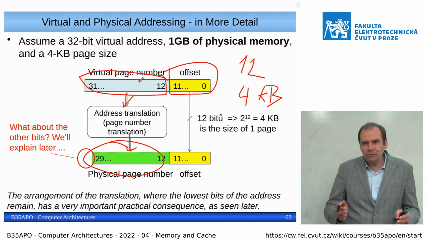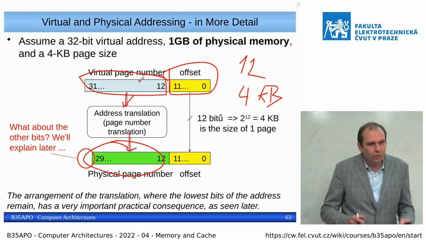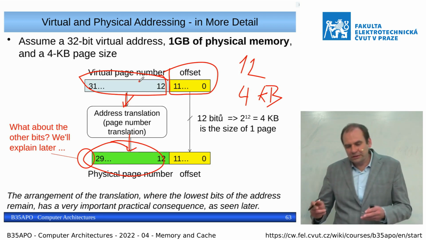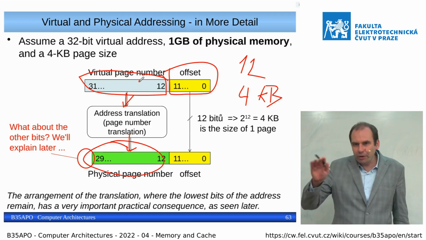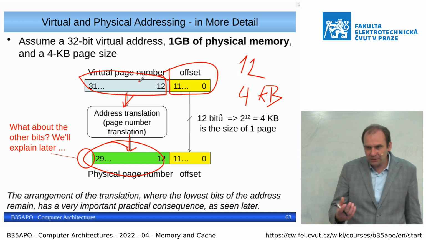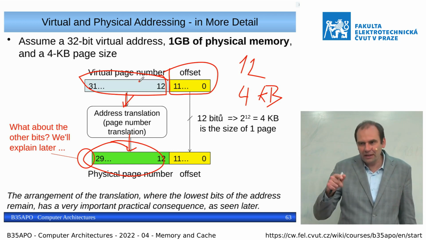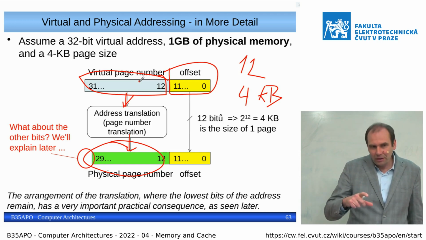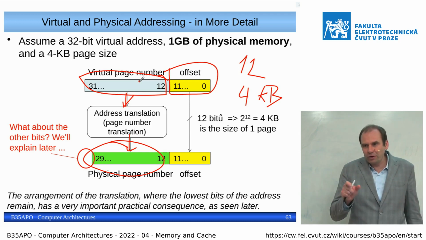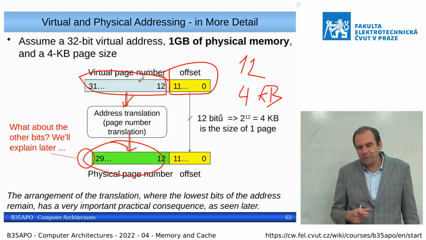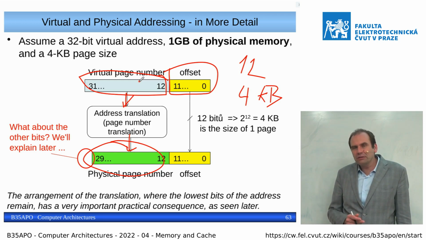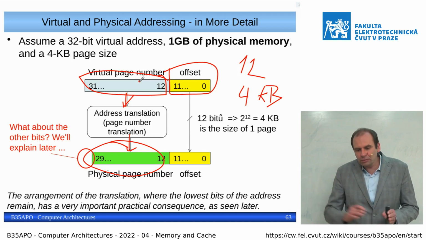We want to translate 2 power 20 combinations to 32-bit addresses which point to some locations. So it is 4 megabytes. 2 power 20 is 1 million, but for each location we need 4 bytes. So we need 4 megabytes, which is quite a large amount of data which we need to keep in memory, only for the mapping.